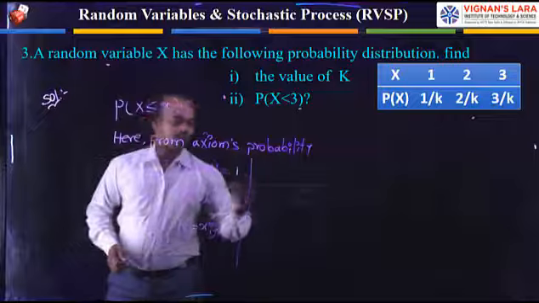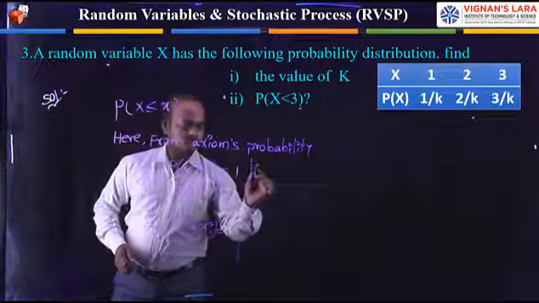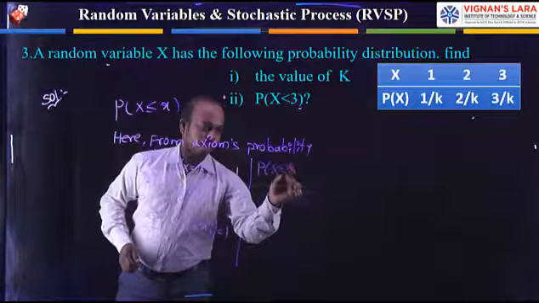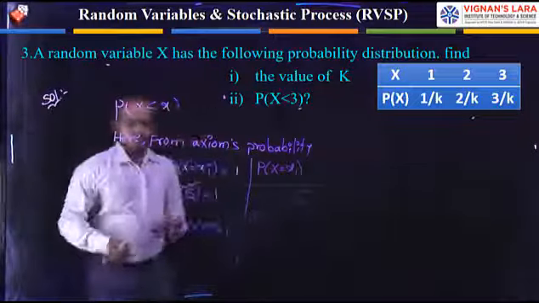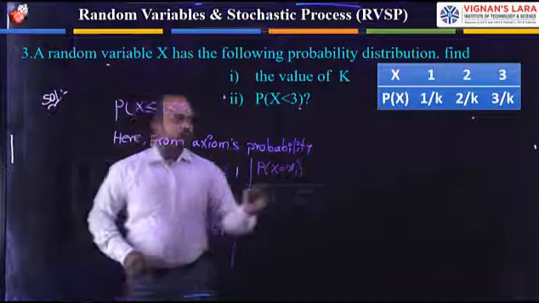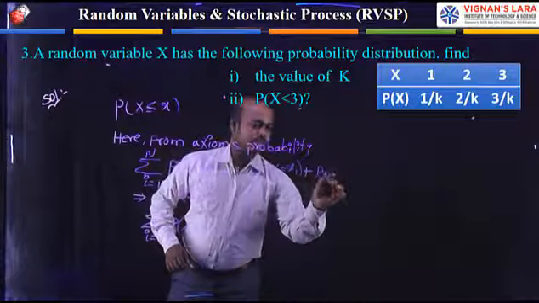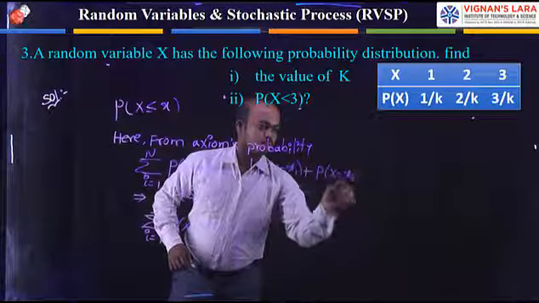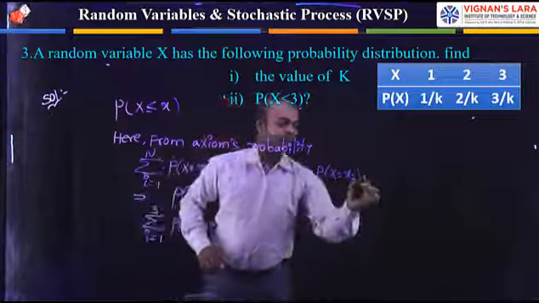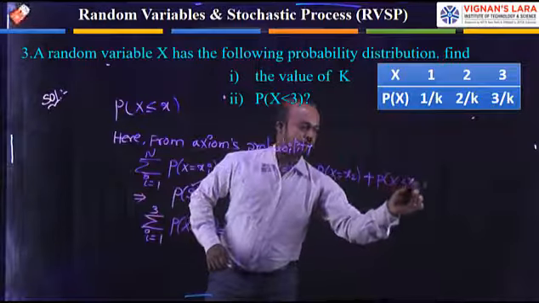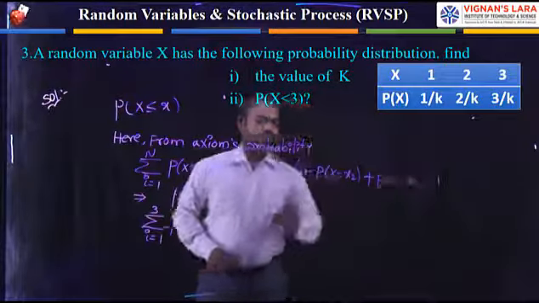We write the probability of capital X equal to x1. Since we are using the summation symbol, I am taking the plus notation: plus the probability of capital X equal to x2, plus the probability of capital X equal to x3, equal to 1.